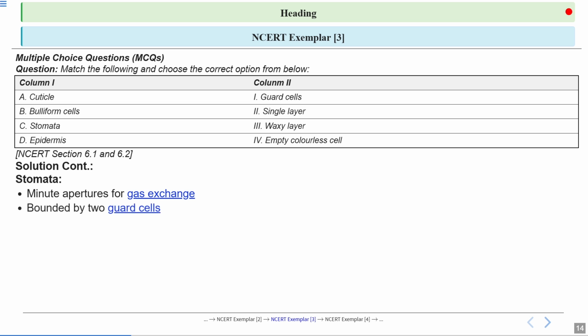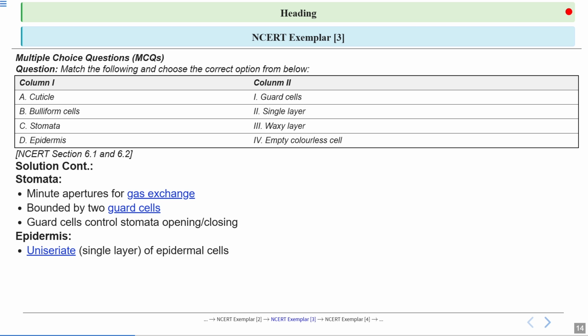Guard cells control the stomatal opening and closing. Epidermis is uniseriate, that is a single layer, only one layer of epidermal cells, and can be multilayered in Ficus and Nerium.